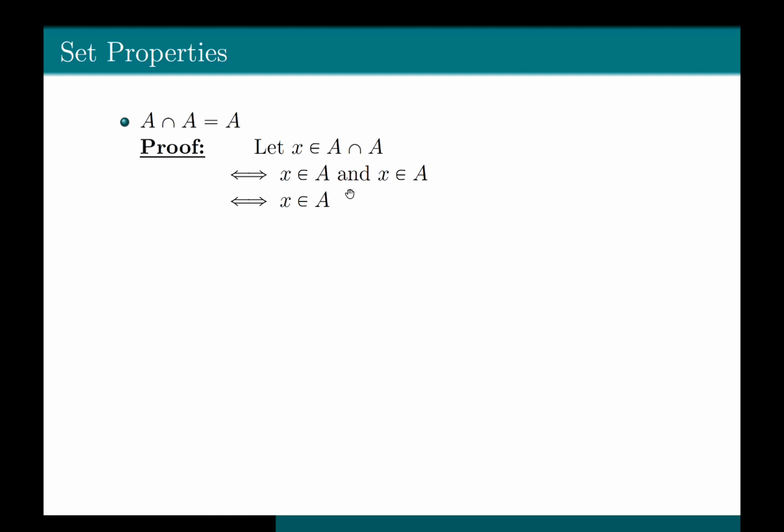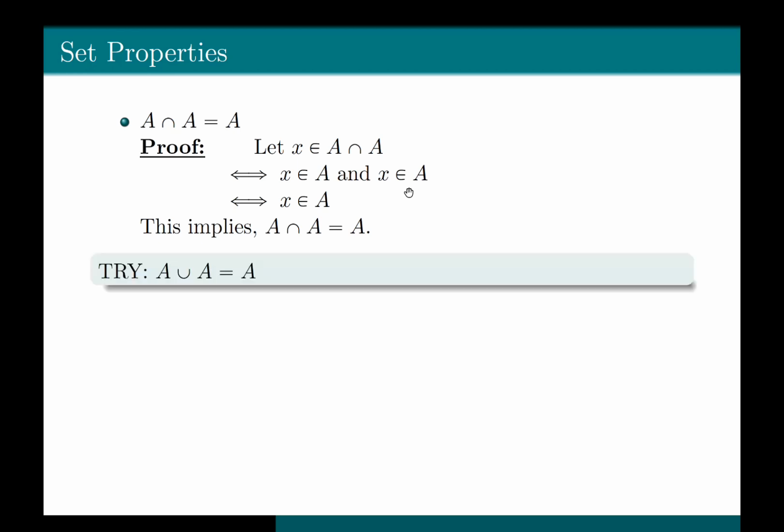If X belongs to A and X belongs to A, it implies X belongs to A. Similarly, if you have the third statement that X belongs to A, then the left arrow makes it that X belongs to A and X belongs to A. So now we have proved that A intersection A is a subset of A and A is a subset of A intersection A, both at the same time. Therefore, A intersection A is equal to A.